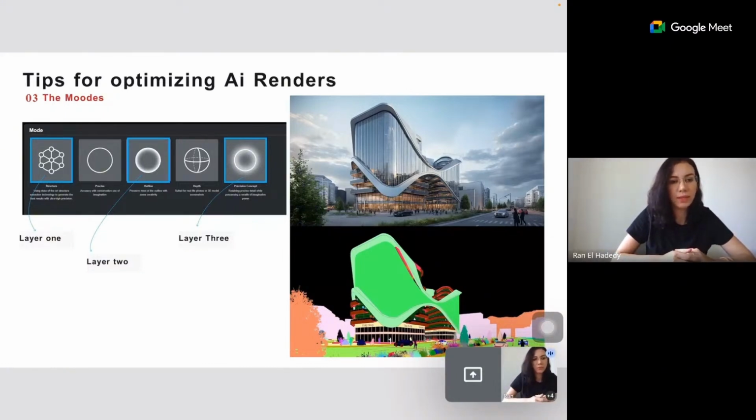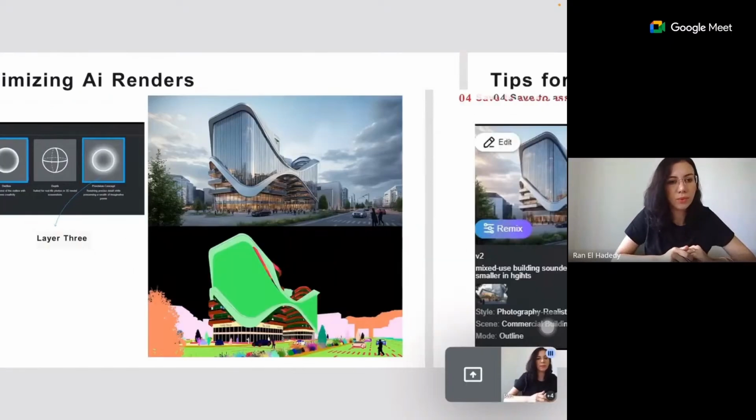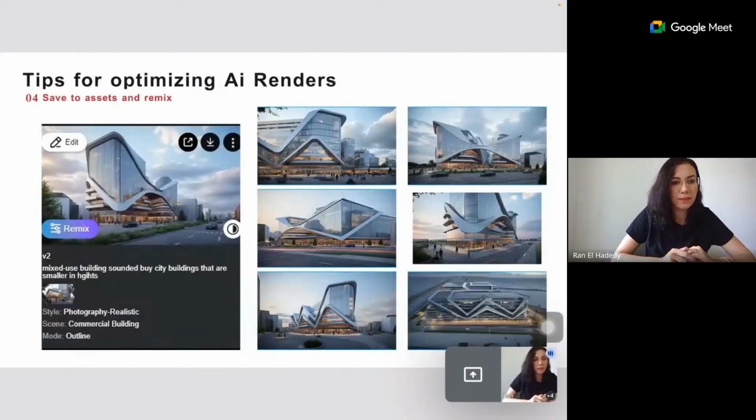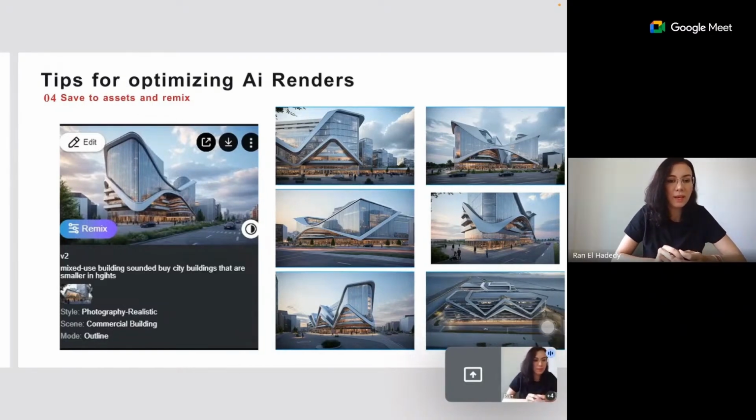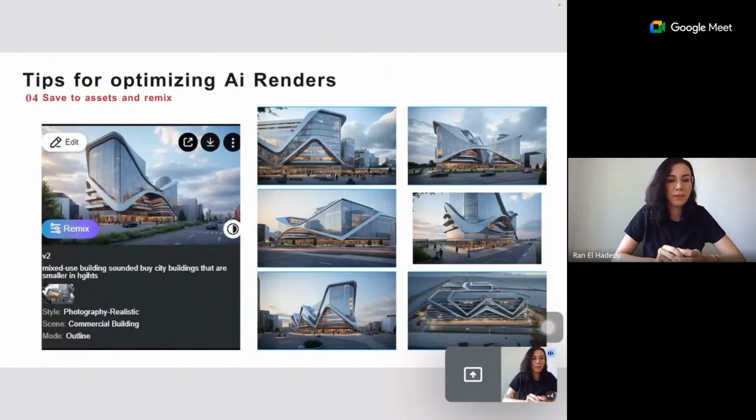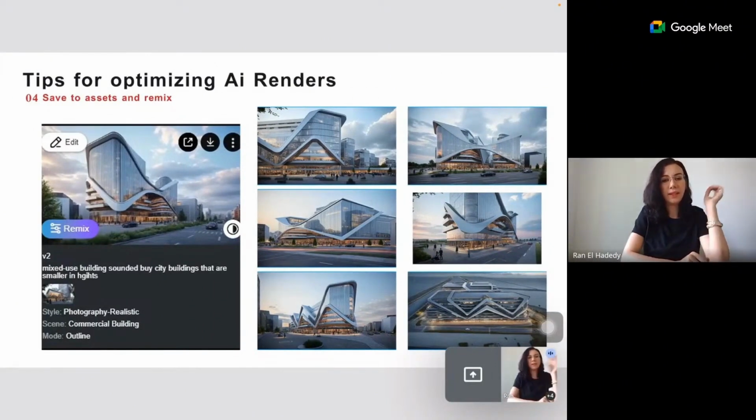And the fourth and last important point is a feature that I found very useful, and it can save a lot of time. It's Remix. What this button does actually is retain the properties of your image, all the work you have done in the first image, and apply it to the other sketches that you have for the same project.